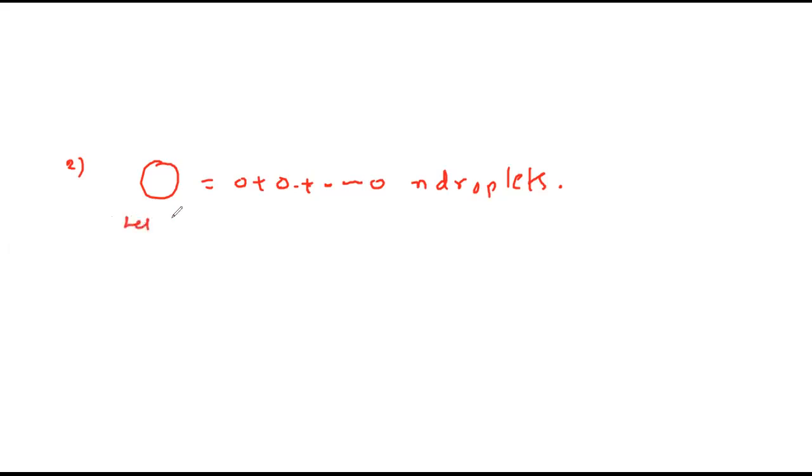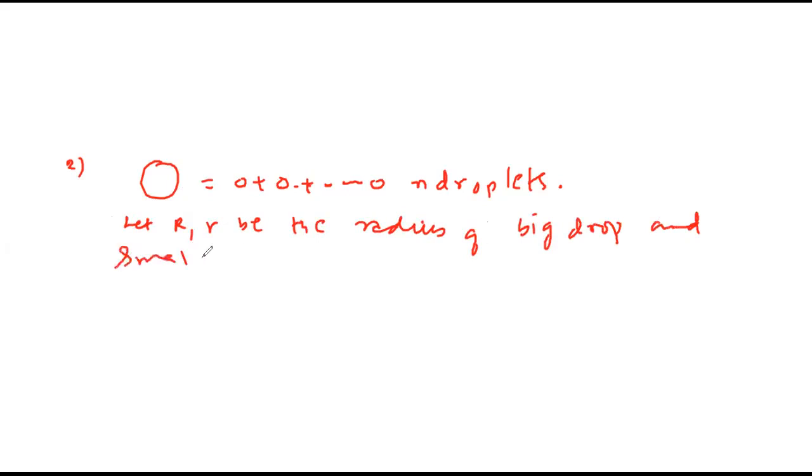Let capital R, small r be the radius of the big drop and smaller droplet respectively.